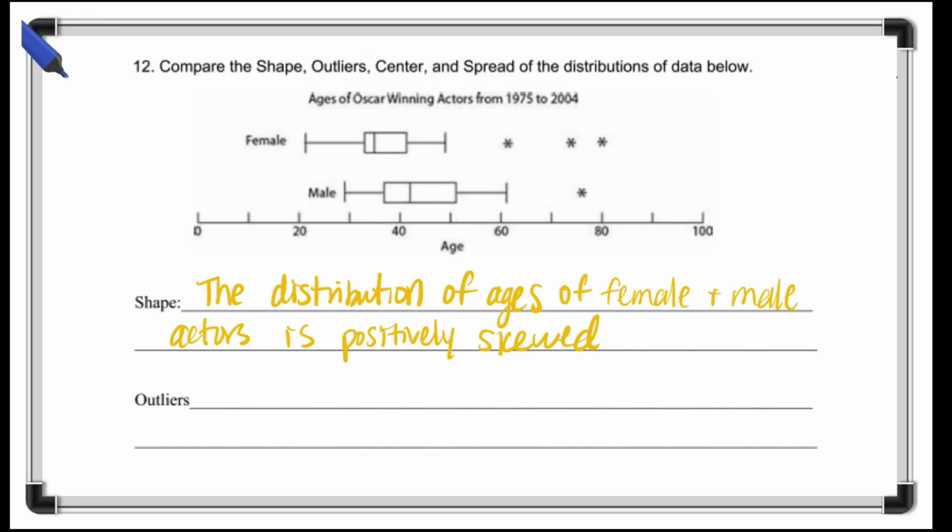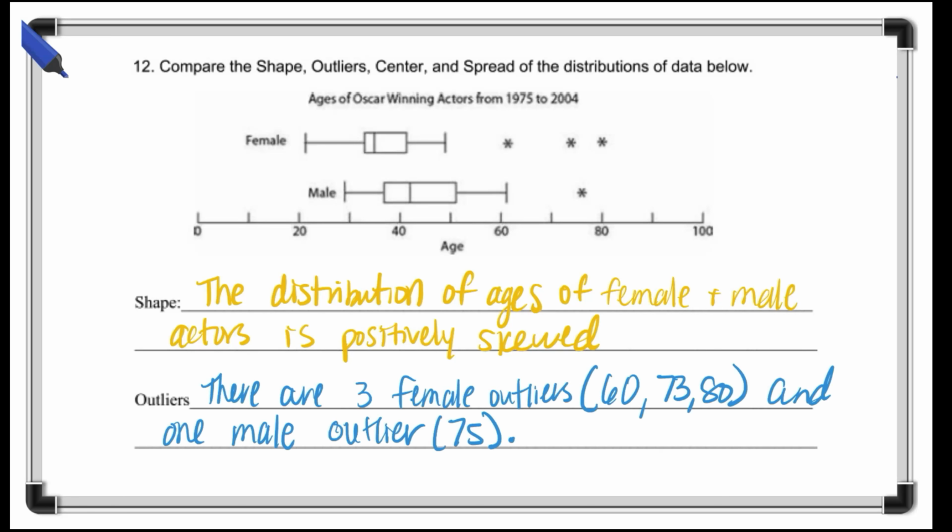When we look at our outliers, we're going to ask ourselves, how many are there and where are they? So with our 3 female outliers, it looks like they're at 60, about 73, and 80. And you have 1 male outlier at about 75.